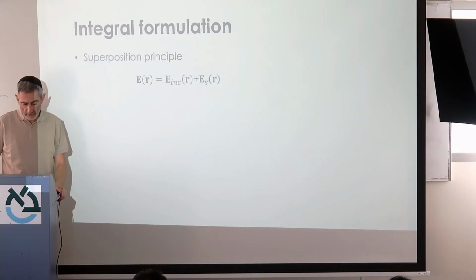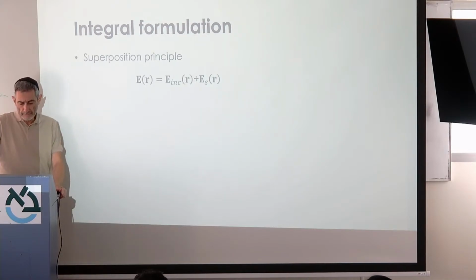The relation that we are going to develop here reflects the fact that each volume element of the scatterer behaves like a source, like a dipole that radiates a field with some dipole moment P, and at some distance the field is a superposition of all the fields radiated by all these elements.